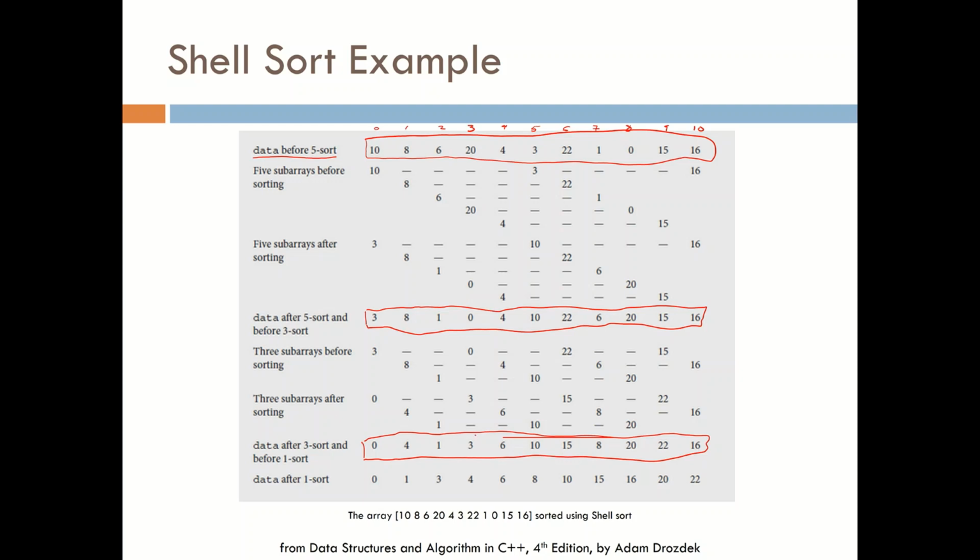So as we make these wide gap sorts and we narrow down that gap, our data is becoming increasingly more sorted, and we're able to gain the value from this particular approach. So that's ShellSort in a nutshell.